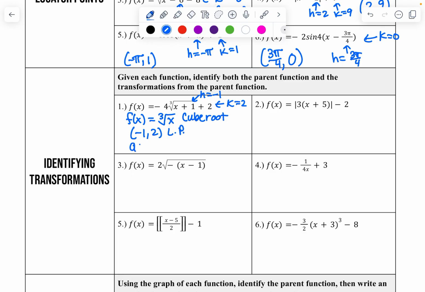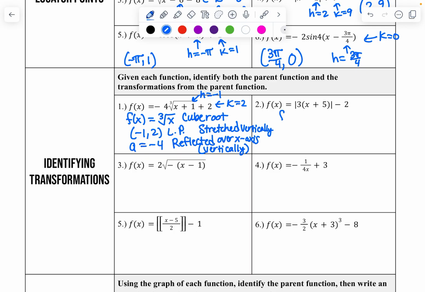And we have an a value of negative 4, which means it's reflected vertically over the x-axis. It's also stretched because the absolute value of negative 4 is 4, which is bigger than 1. So it's also stretched vertically.